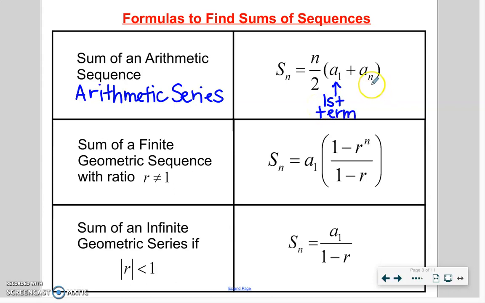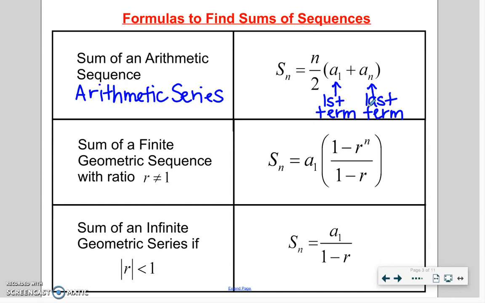A sub n would be the last term. So that could vary. That could be literally the last term in this series, or it could be defined for you. Like if you want to add up the first 10 terms, then that a sub n value would be the value of the 10th term.